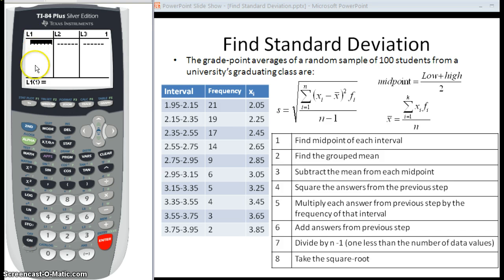Now in column 1 is where I want to put this midpoint data. So it is going to take me a moment. I encourage you to follow along on your calculator to type each midpoint.